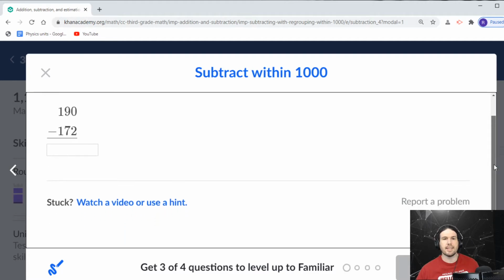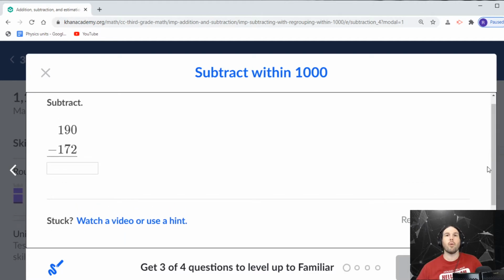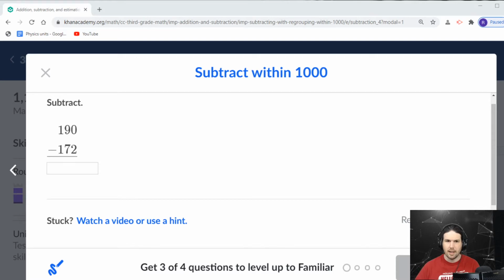In this one, since I know that the hundreds, I know that 100 minus 100 is 0. So I essentially know that I can more or less ignore these hundreds right here. So instead, I can do 90 minus 72, which I know pretty close off the top of my head is 18 for a couple of reasons.